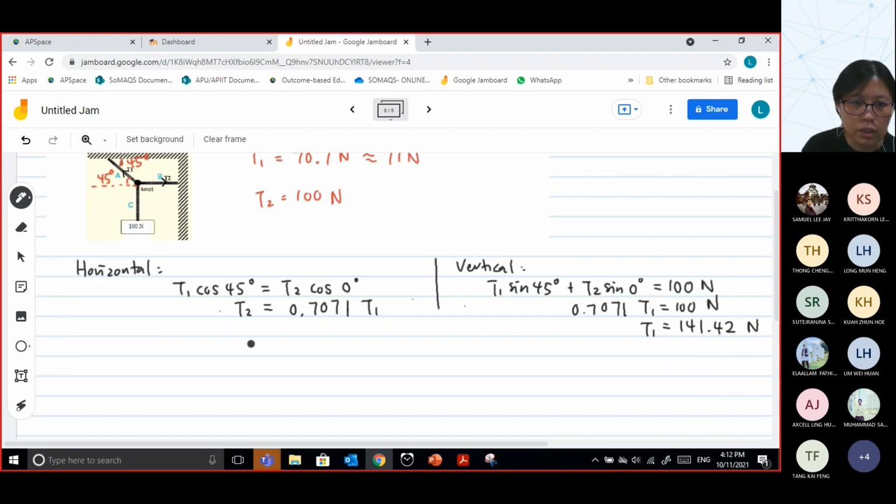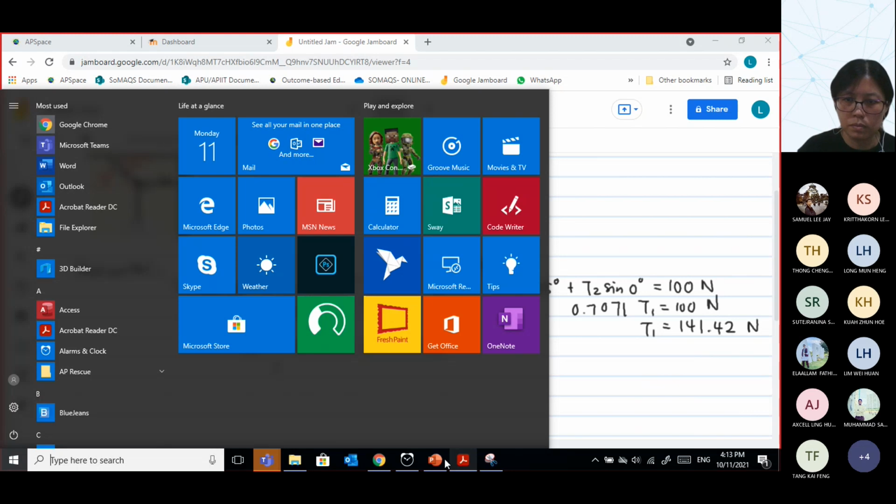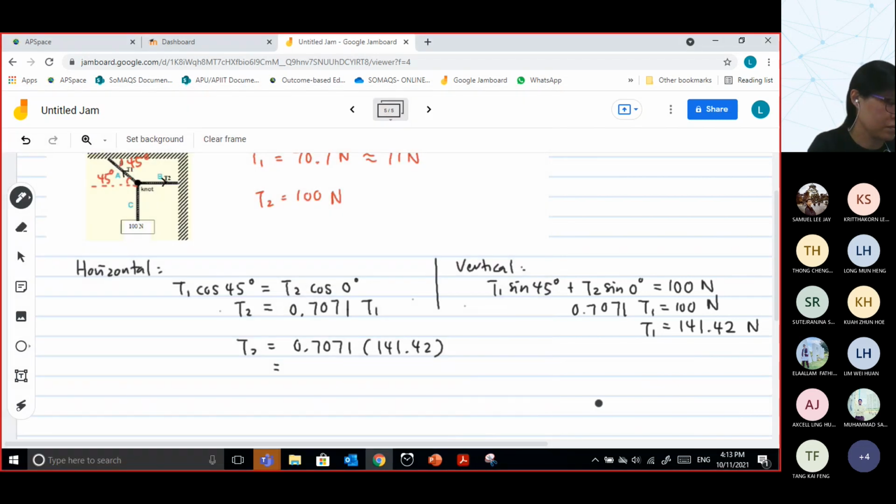Okay, so T2 will be equal to 0.7071 times 141.42. This one is 99.998 something. So if I rounded, the number is actually 100.